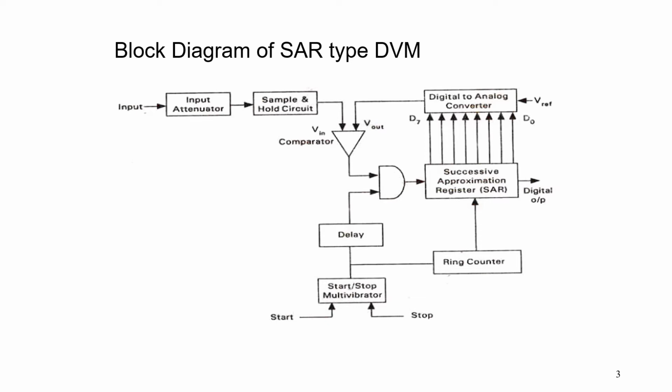Any digital instrument may consist of components like resistors, capacitors, transistors, linear ICs, digital ICs, display devices, analog to digital converters, and digital to analog converters.